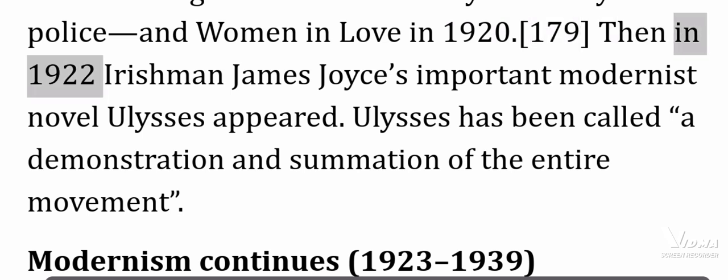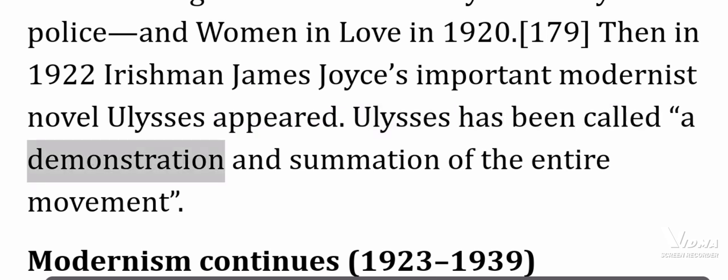Then in 1922 Irishman James Joyce's important modernist novel Ulysses appeared. Ulysses has been called a demonstration and summation of the entire movement.